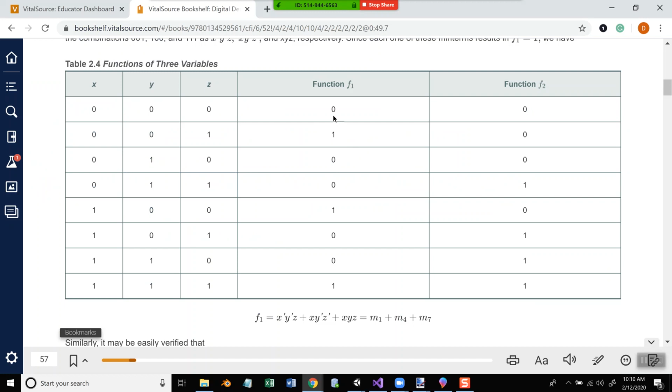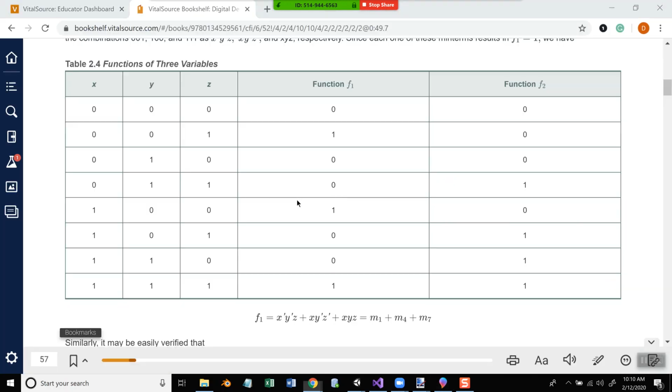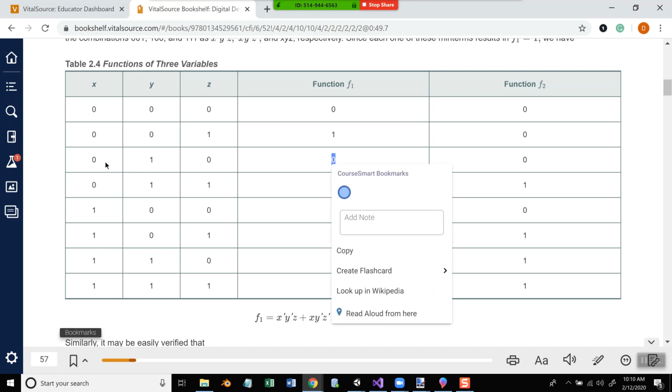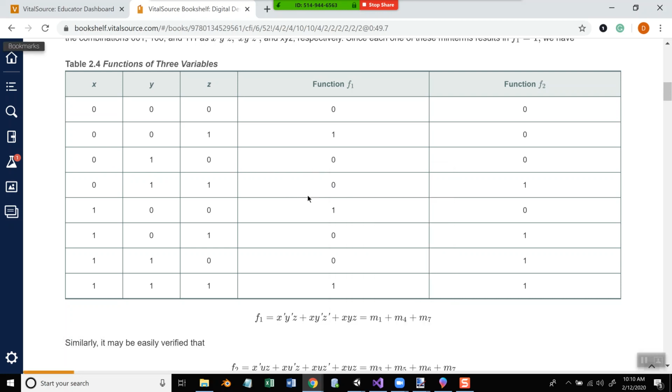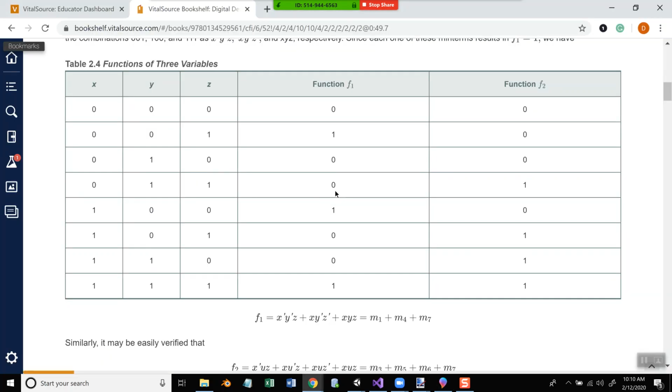Now, this first one here, if I come over here again, if I think of these, it's 2 to the powers. That's a 0, 0, 0. That's where the m sub 0 comes from. The next one, this is 0 right here. We come over here. This is 2 to the first, so that's a m2, and so forth. So you can just look at the table and build the max terms, so the product of them, or the sum of the min terms, depending upon what you're studying.